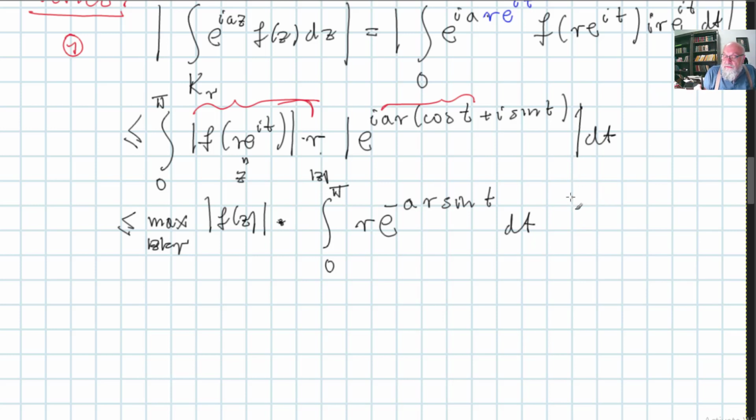What we can do now is simply change the variable in this integral. I put s equal to t minus pi over 2. So let's do it.